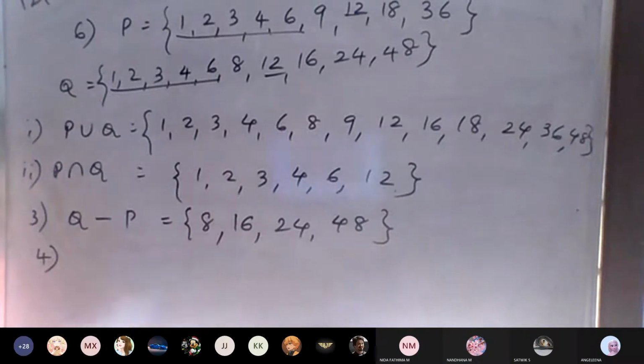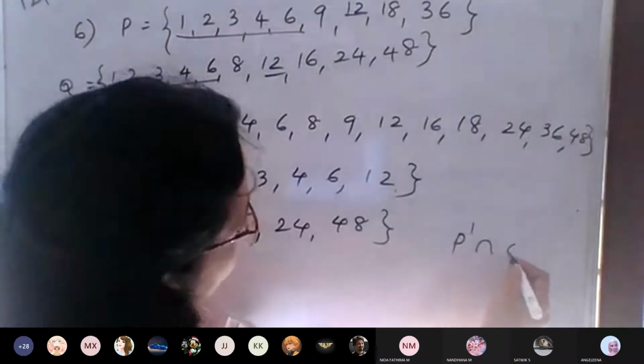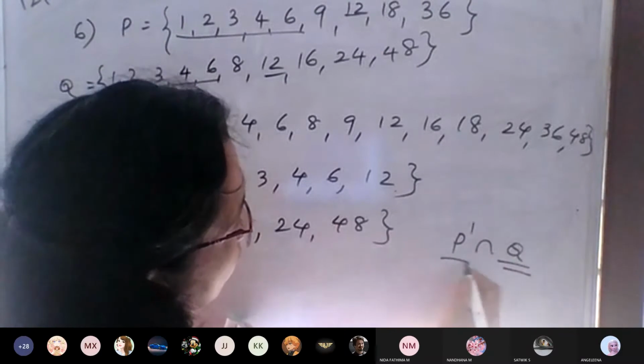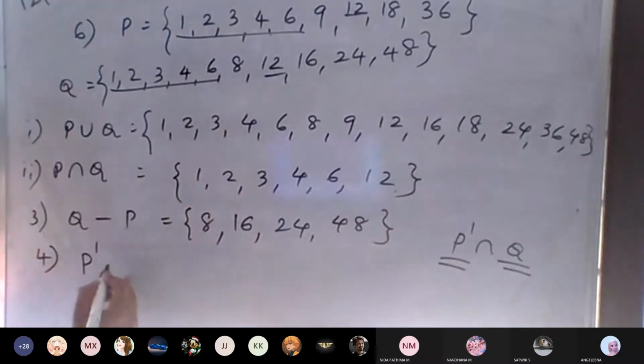Next is fourth one. We have to find out P complement intersection Q. So we have Q, and P also we have. But what about P complement?